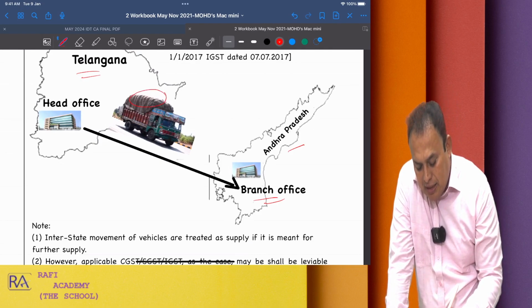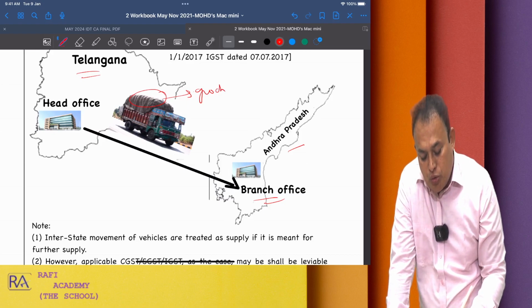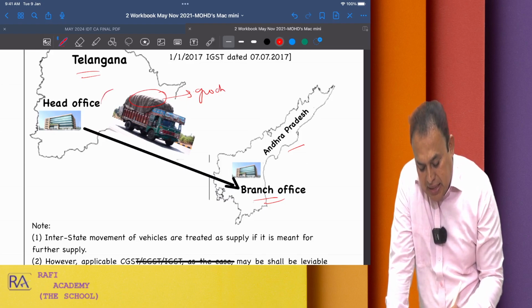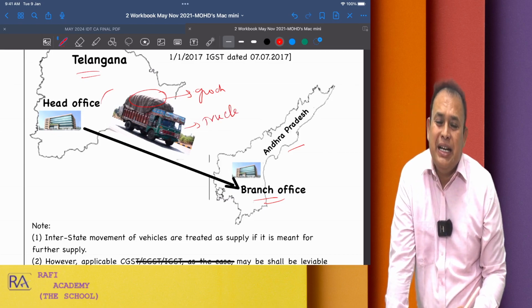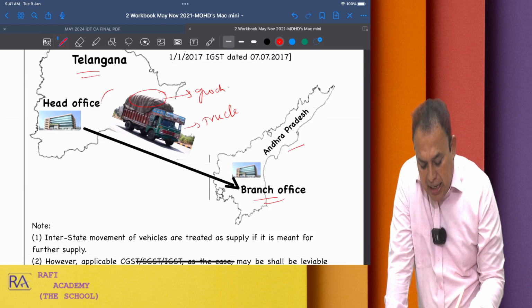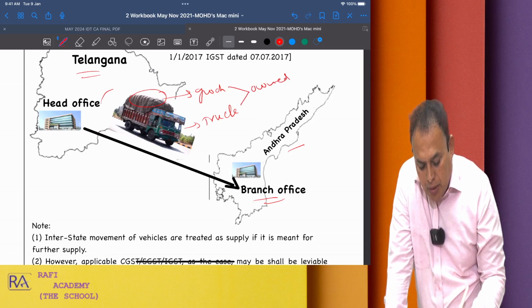Now, these goods are owned by the head office. The truck also is owned by the head office. Goods as well as truck both are owned by the head office.